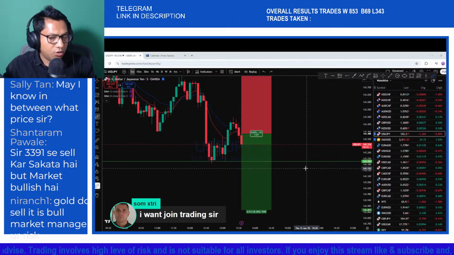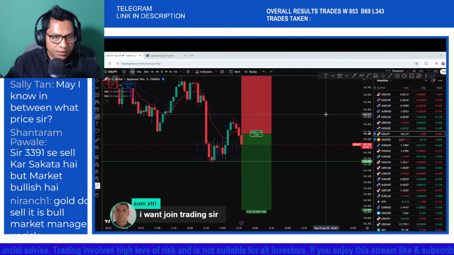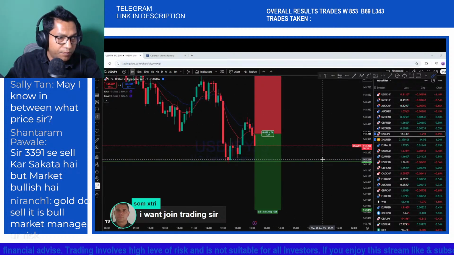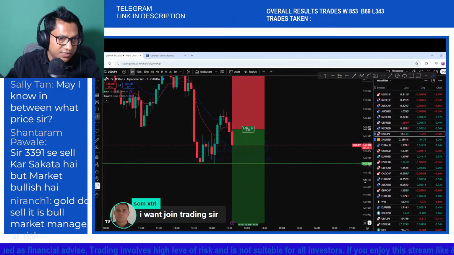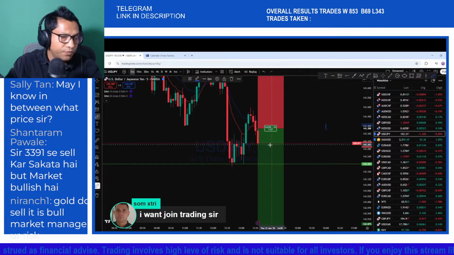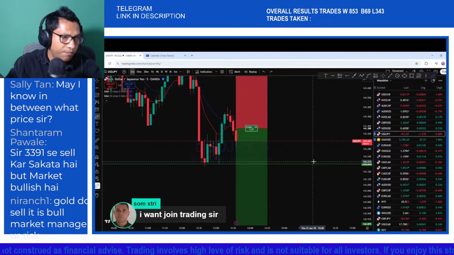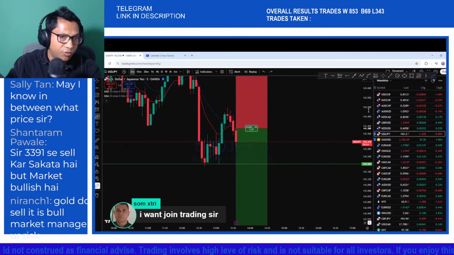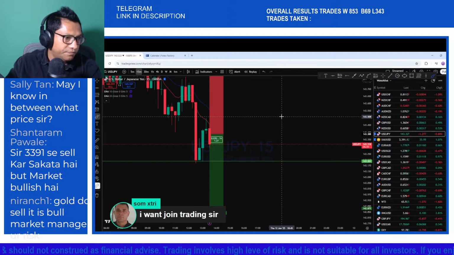So we are almost nearly at 8 pip running profit on dollar yen, wanting to see it drop past that line 143.20. Once it drops below this level, we will be taking the half profit and moving the stop loss to entry.